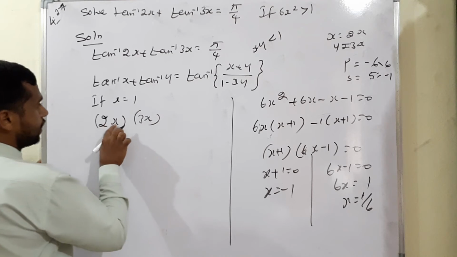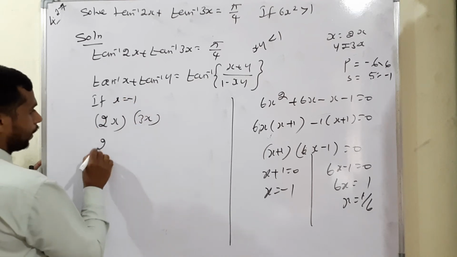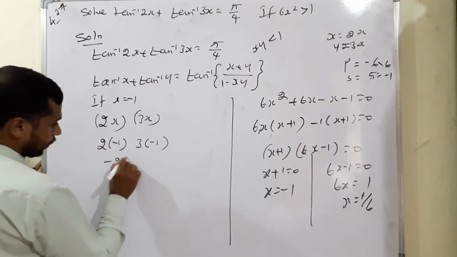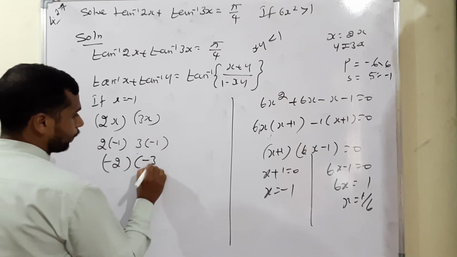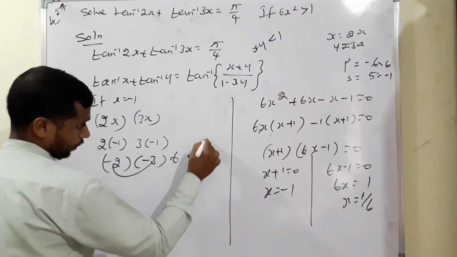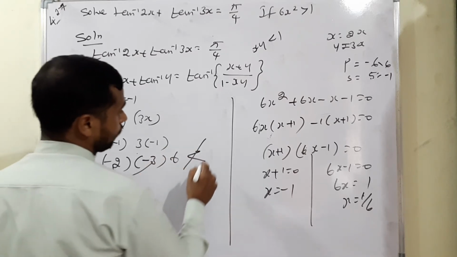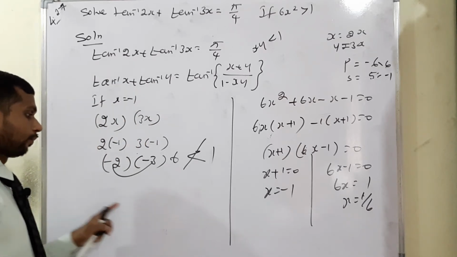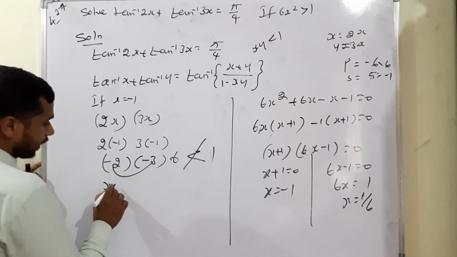Instead of x we can apply minus 1: 2 into minus 1 and 3 into minus 1. So 2 into minus 1 means minus 2, 3 into minus 1 means minus 3. Therefore, the product is positive 6. So definitely not less than 1, isn't it?